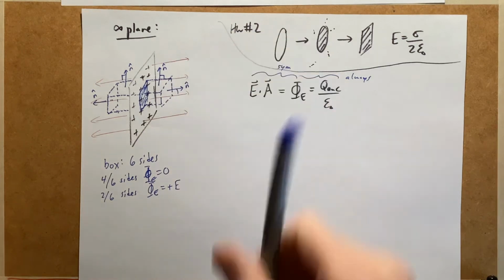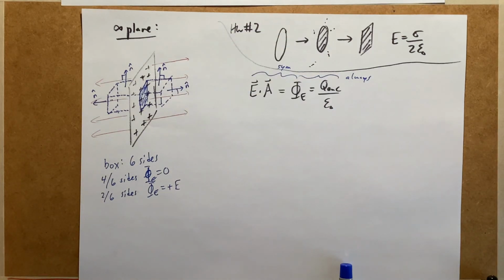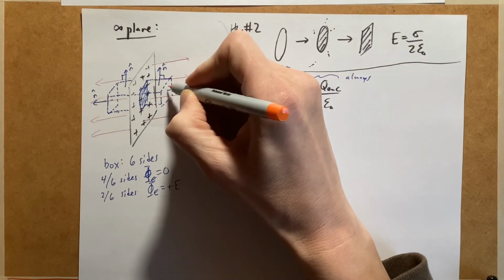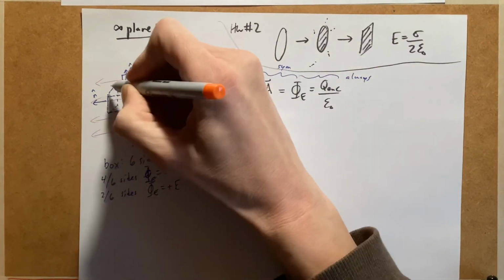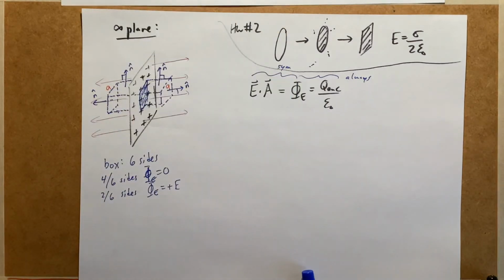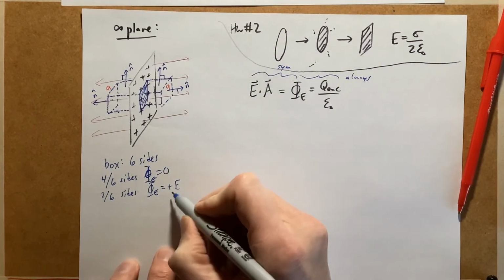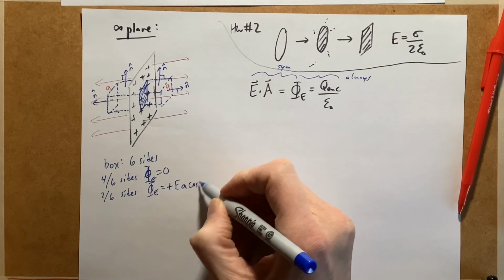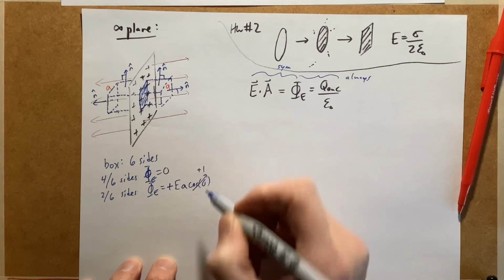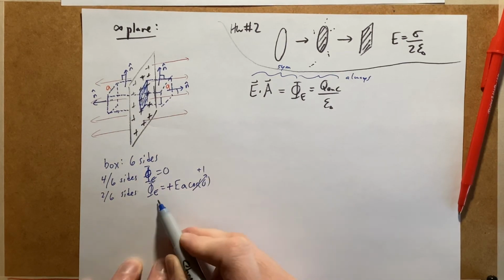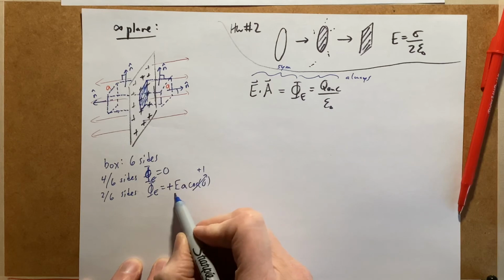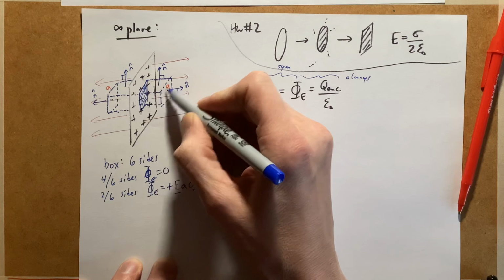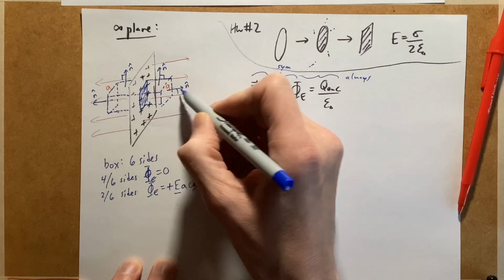And then, just to not confuse it with the total surface area, which is the capital A, I'm going to call the area of just the end cap little a, and this other end cap is little a as well. So 2 out of 6 sides will get plus E little a. Remember, the cosine of 0 went to plus 1. On those 2 sides, the electric field is uniform, nicely behaved, it doesn't change its strength or its direction across this entire end cap.